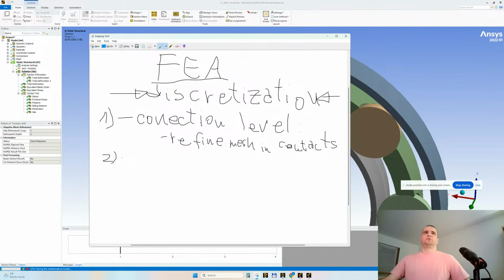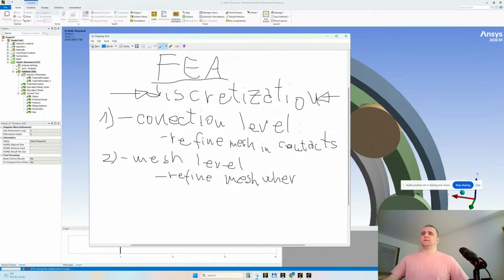Let's go to the one that anyone has heard about, mesh level. This means refinement. Refine mesh where needed, by the way, where needed.